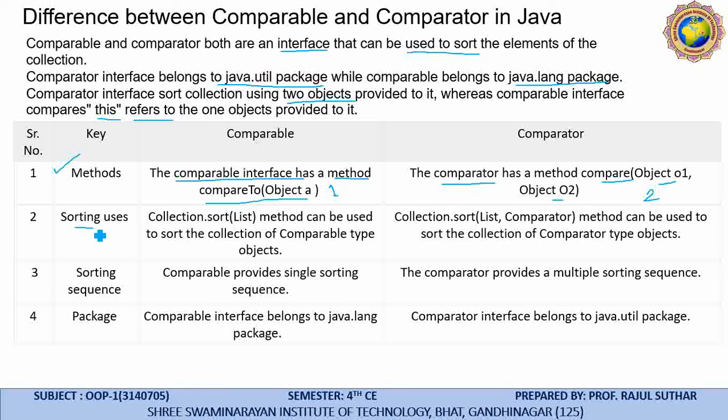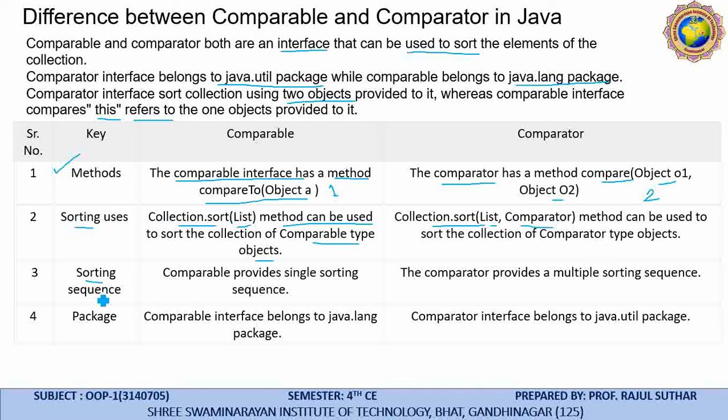By using sorting, so what is the use of sorting in Comparable? Collections.sort, the list method, can be used to sort a collection of Comparable type objects, while for Comparator with Collections.sort we require the list as well as the comparator. The method can be used to sort the particular collection.